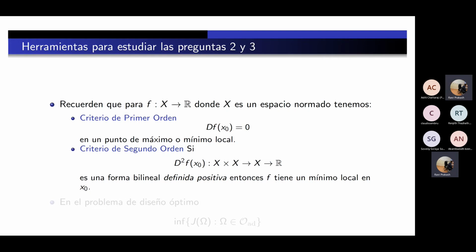For a maximum or minimum, you can again check that the linear functional has to be 0, a necessary condition. If you want a sufficient condition, then you have to look at higher order derivatives, in the same sense.